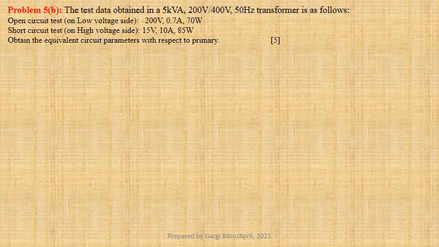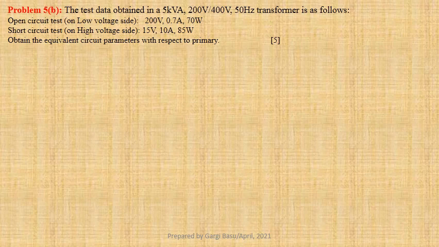Available data 200 volt, 0.7 ampere, 70 watt. During short circuit test, instruments were connected on high voltage side. Available data 15 volt, 10 ampere, 85 watt. We have to determine equivalent circuit parameters with respect to primary side.